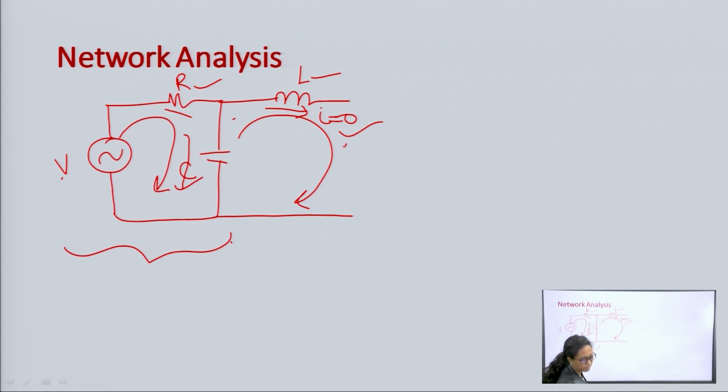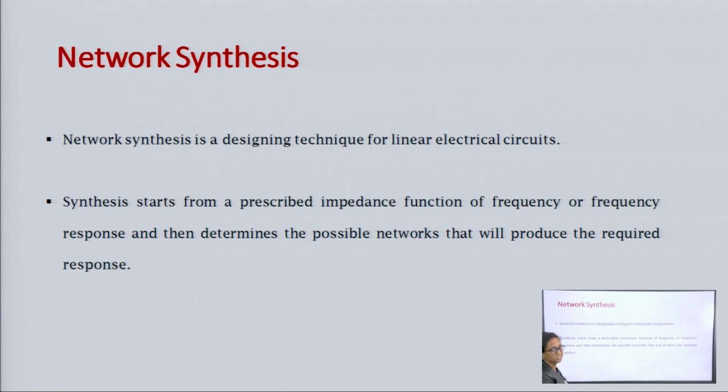Now the next topic is network synthesis, right. Network synthesis is a designing technique for linear circuit elements. As the name includes the synthesis part, it means we are creating something, we are going to design something, we are going to synthesize something.